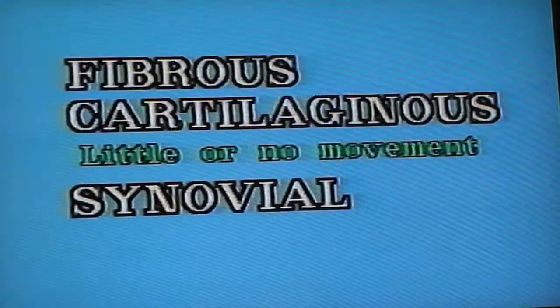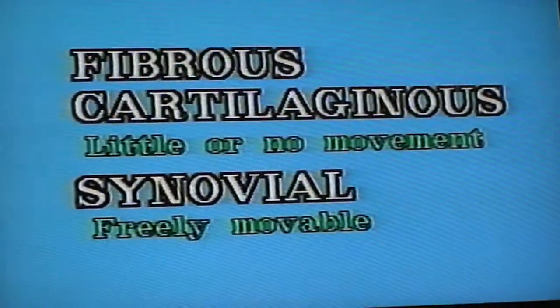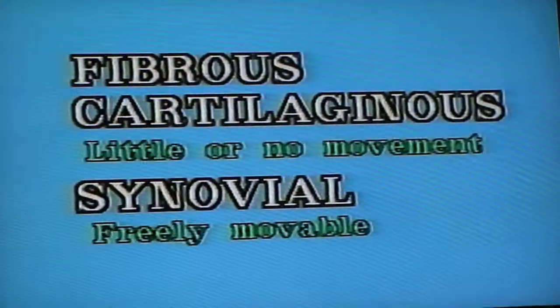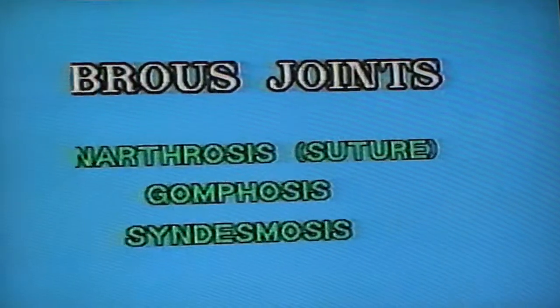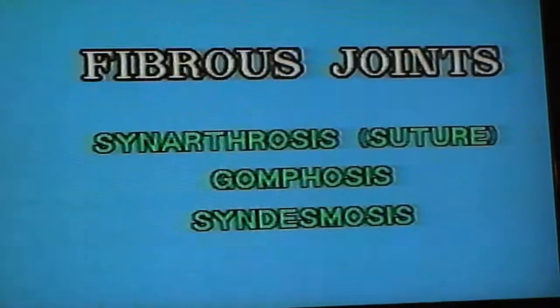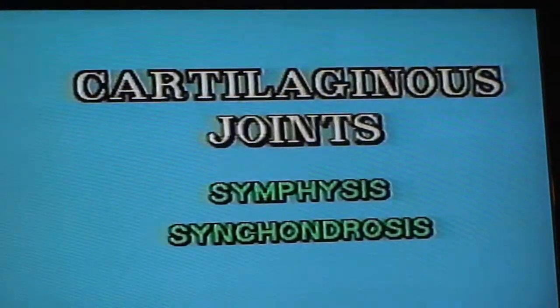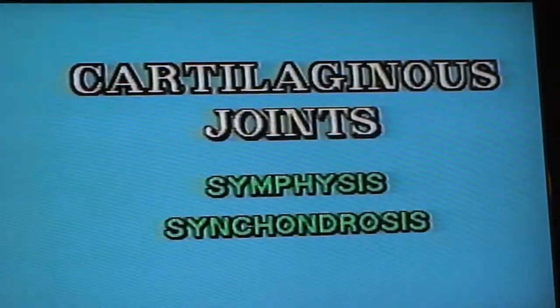On the other hand, synovial joints are usually freely movable. The synarthrosis or suture joint, the gumphosis, and the syndesmosis are types of fibrous joints. The types of cartilaginous joints discussed were the symphysis and the synchondrosis.